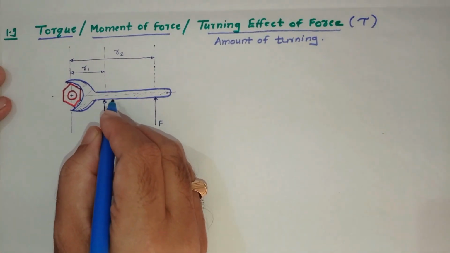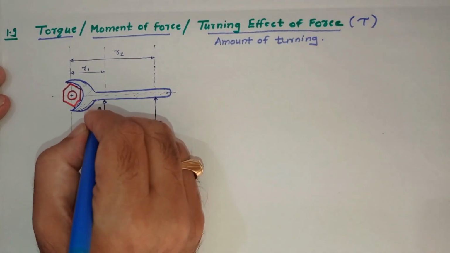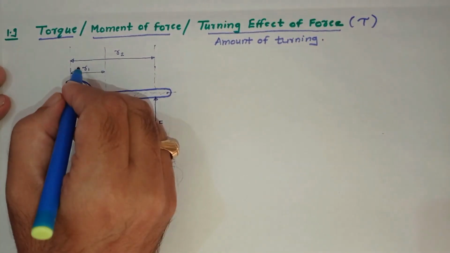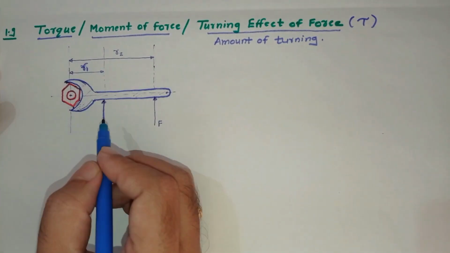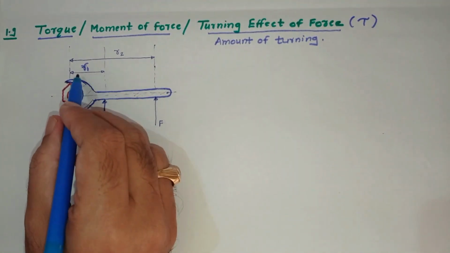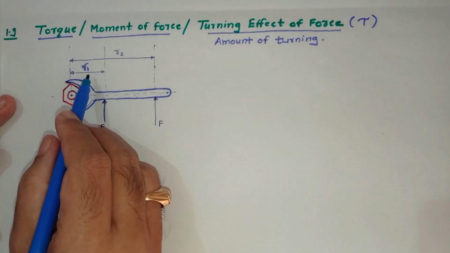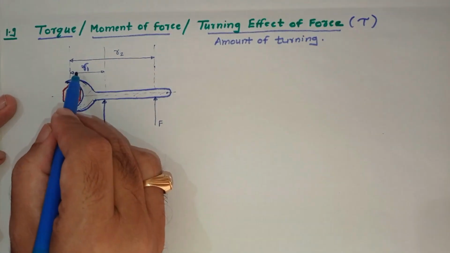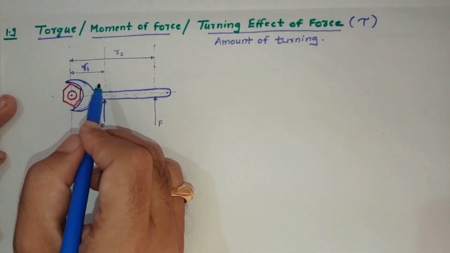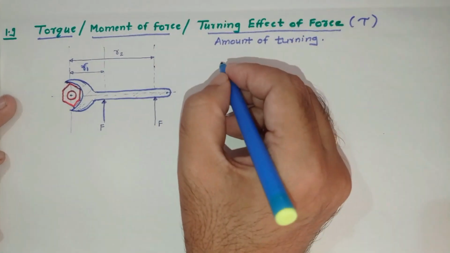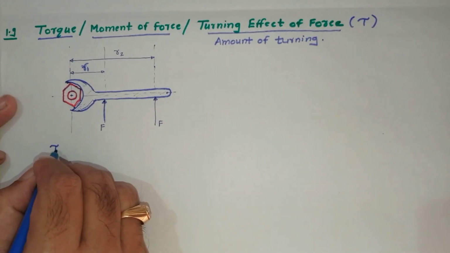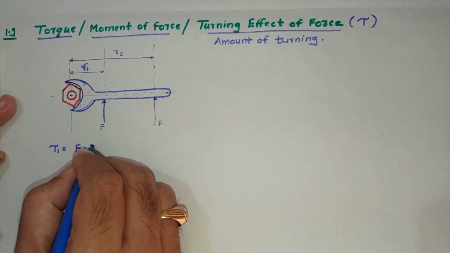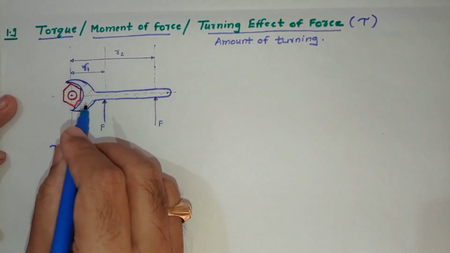So force is applied by using this spanner. If I apply the force over here at a distance r1, then this r is the moment arm. So force into this distance r1 will produce the torque. Say tau 1 is equal to force F into the perpendicular distance.